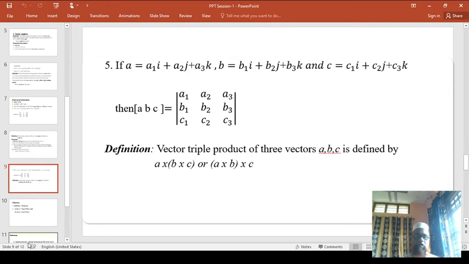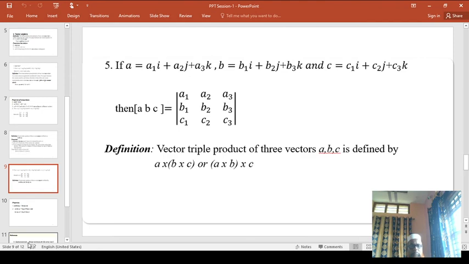Definition: the vector triple product of three vectors A, B, C is defined by A cross (B cross C) or (A cross B) cross C. So you first find A cross B or B cross C. As we know, the vector product is also a vector quantity, while the scalar product is a scalar.